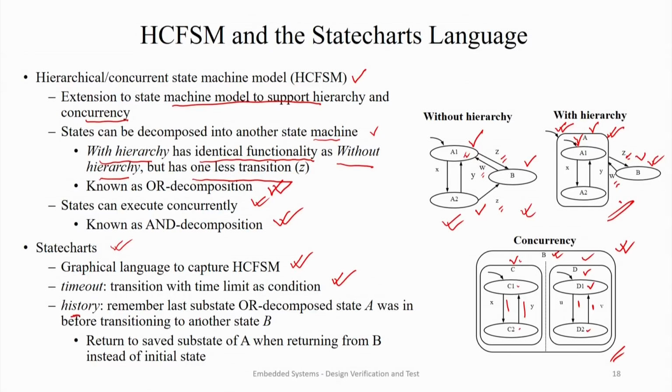So, it remembers the last substate or decomposed state A was in before transitioning to state B. For example, this is with respect to this example that we were discussing.